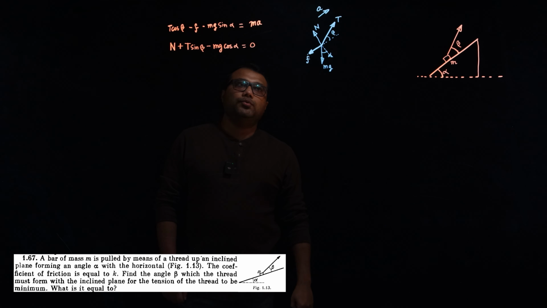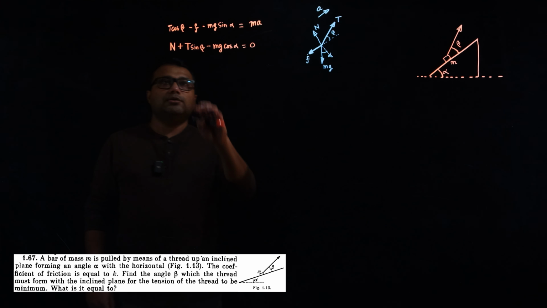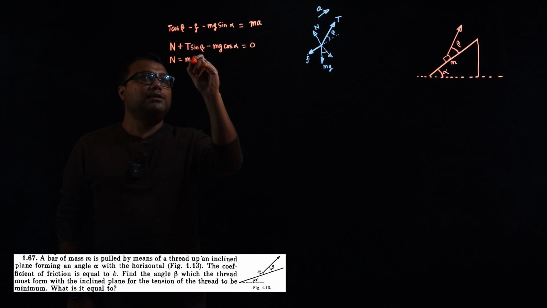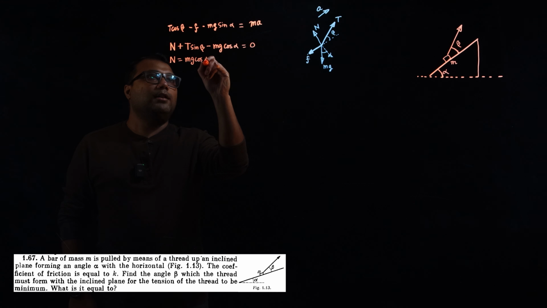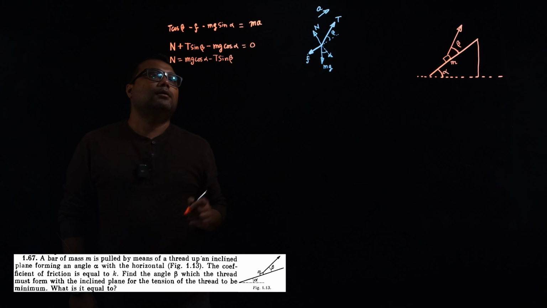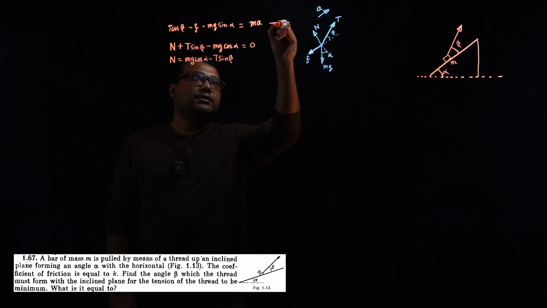So these are my two equations. From this one, normal reaction is equal to mg cos alpha minus T sine beta. Let's say this is 1, this is 2.